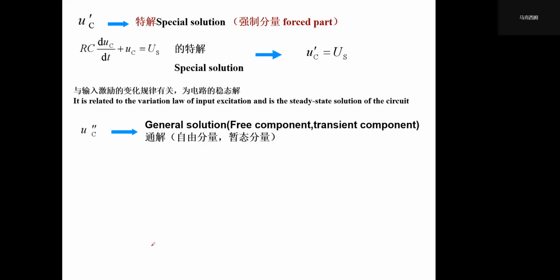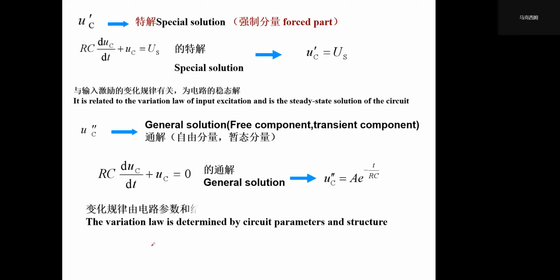And UC'' is called the general solution, the free component or transient component. It's the general solution of this equation. Its variation law is determined by the circuit parameters and the structure of the circuit. And the total solution is a combination of the two.